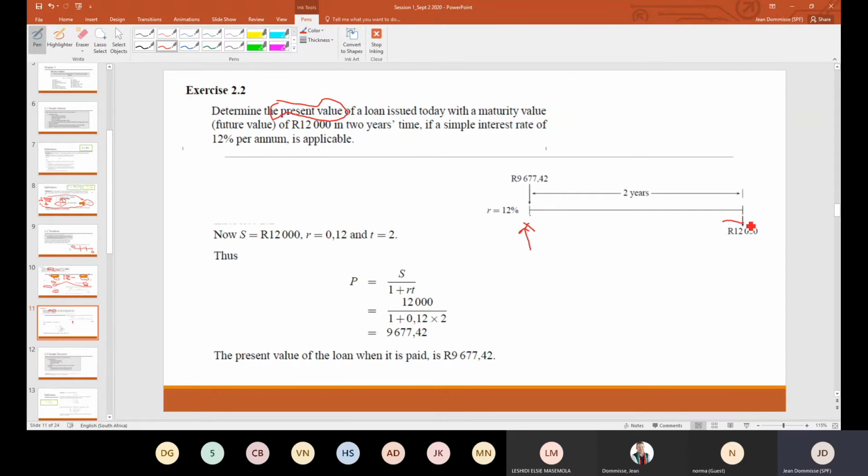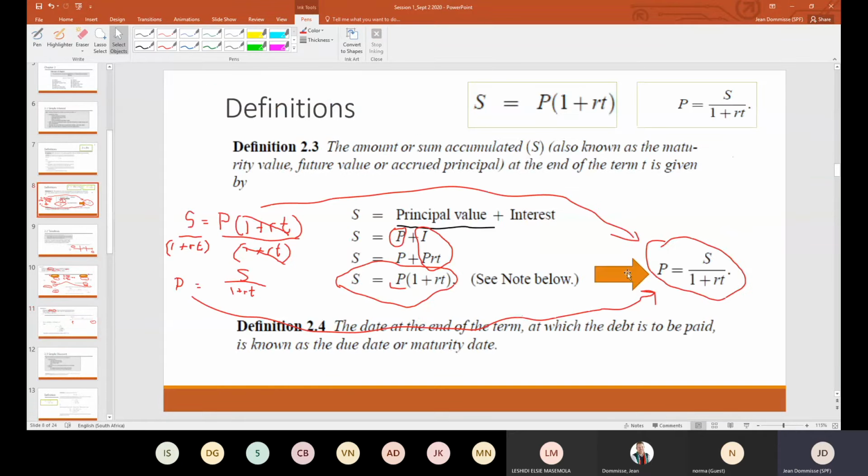They give us the 12,000 that you will get after 2 years, or the loan that would be needed. So again, important that now we can look at these two formulas.